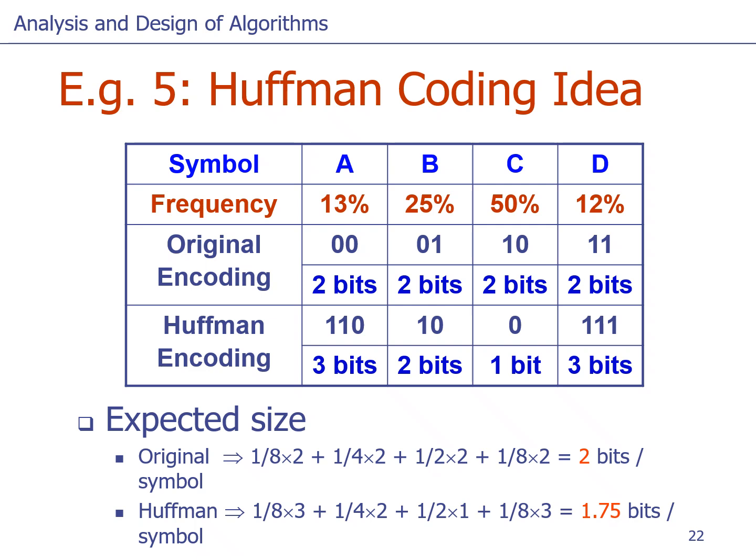So I'm imagining that my alphabet only has 4 letters, A, B, C, and D. So C appears 50% of the time, which means half the file content is the letter C. Now, the standard way of encoding, the non-greedy approach, is to use ASCII encoding or to use Unicode, and there the number of bits is fixed. In ASCII it's 8 bits, in Unicode it's 16 bits, or 32 bits, but it's fixed.